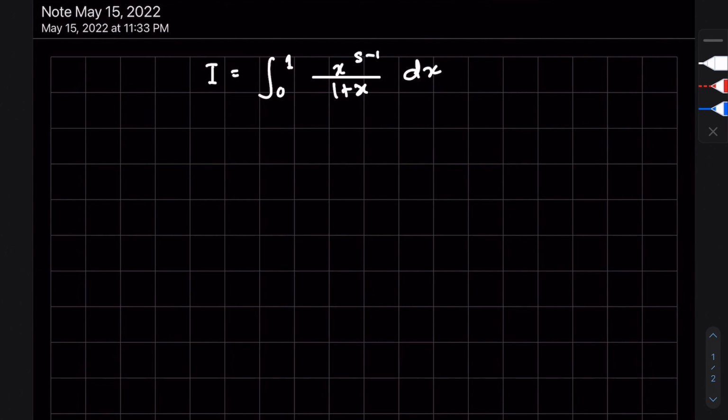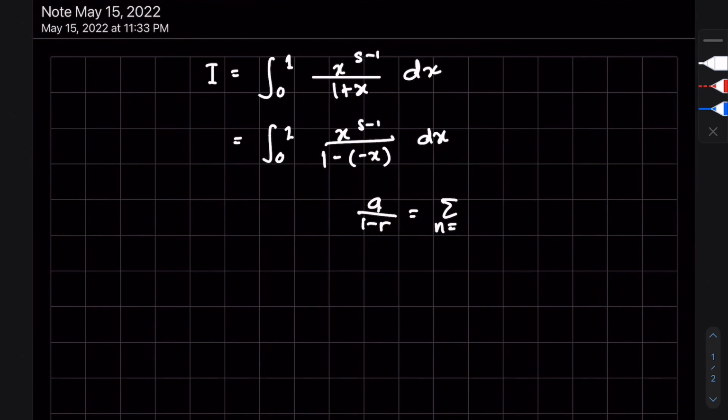So first thing to notice is the bounds of integration, 0 to 1, and the structure of the denominator. We could probably rewrite it as x to the s minus 1 over 1 minus (minus x) dx. Now the reason for doing that is the formula of the geometric series. Say a over 1 minus r is just the infinite sum n equals 0 to infinity of a r to the n.